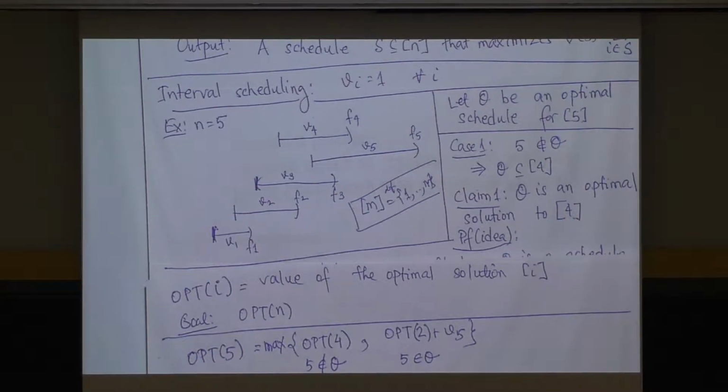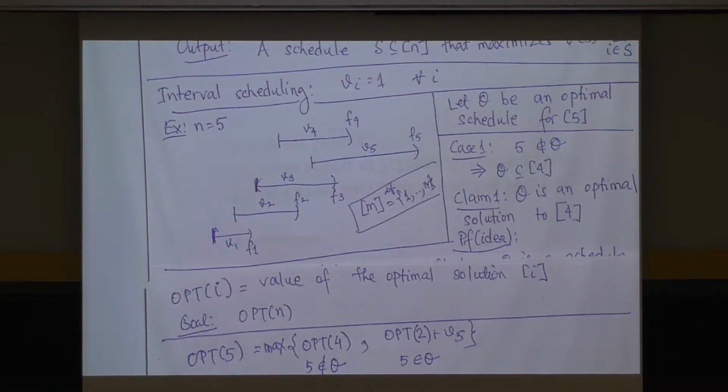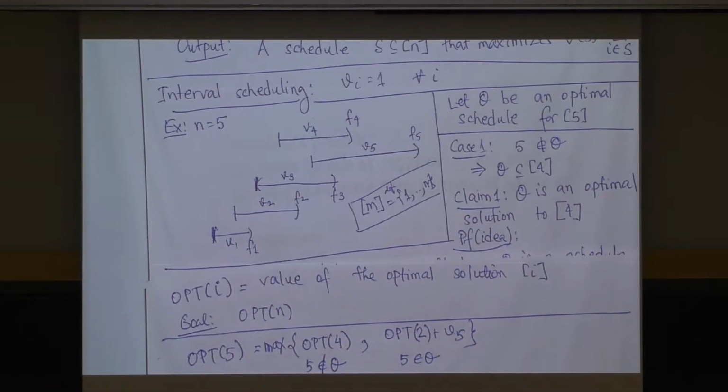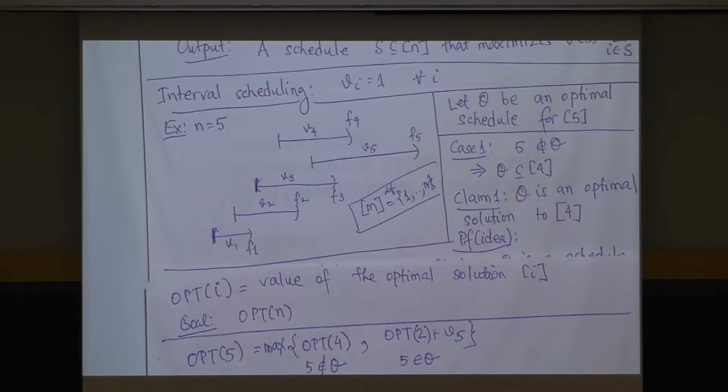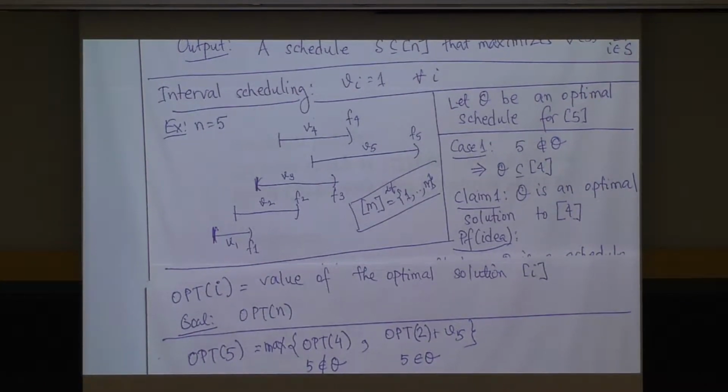This doesn't quite give us the entire recursive formula, because to get the final one, instead of saying opt of 5, we should be saying something like opt of j for arbitrary j. How does it depend on smaller opts? But is everyone okay with this formula for now? Yep. All right, let's now move on. Our goal is now to generalize this for arbitrary instances and for arbitrary n.